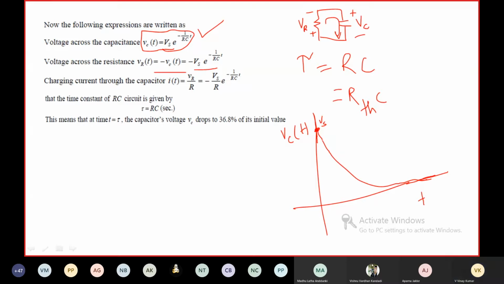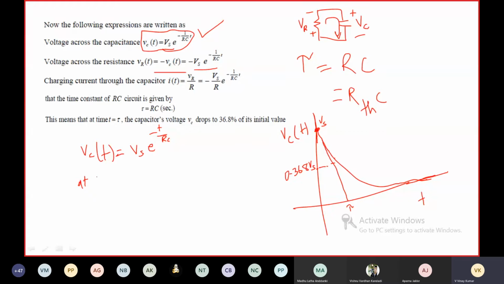If we draw the tangent, this will be the time constant tau. If t is equal to tau, the voltage would be 0.368 Vs. Here we have the expression Vc of t is equal to Vs e power minus t by RC.